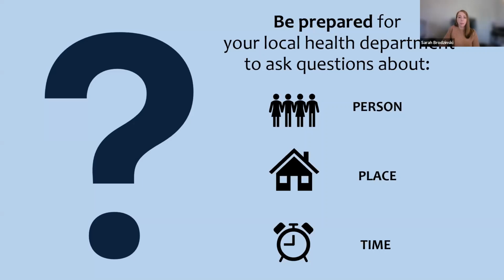Do they participate in any known extracurricular activities together, either inside or outside of the school setting? And lastly, the health department will always want to know the timeline of the suspected outbreak. So, for example, when did that first student become ill? And then what about the last student or most recent student? This information helps the health department determine when the outbreak may have started and if it is still ongoing.